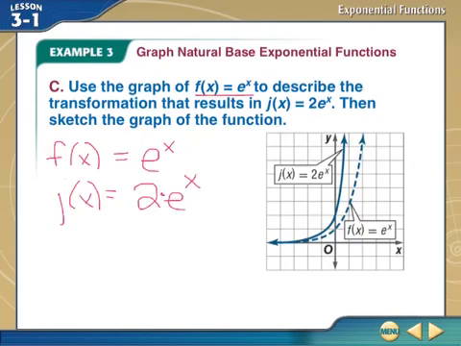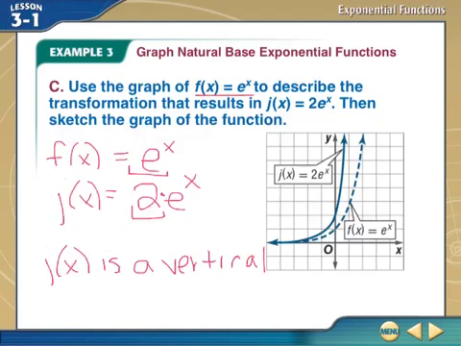Anytime we multiply our parent function by a value greater than 1, that vertically expands the graph. So we can say that j of x is a vertical expansion by a factor of 2 because we're multiplying by 2.